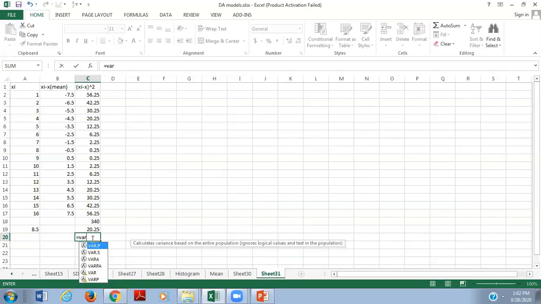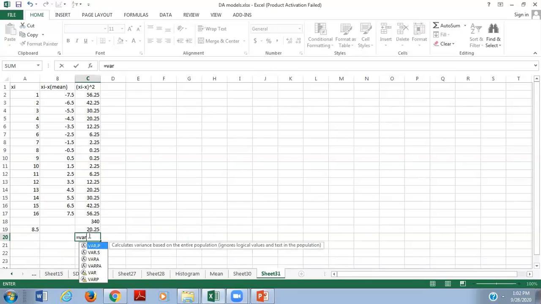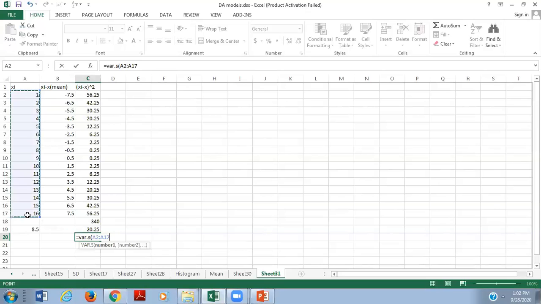Okay. Now, for example, if I use the equal to sign, I will use the variance formula. I have used the sample, n minus 1. I have the formula variance dot s, right? Then I have to select the range. This is our xi values.